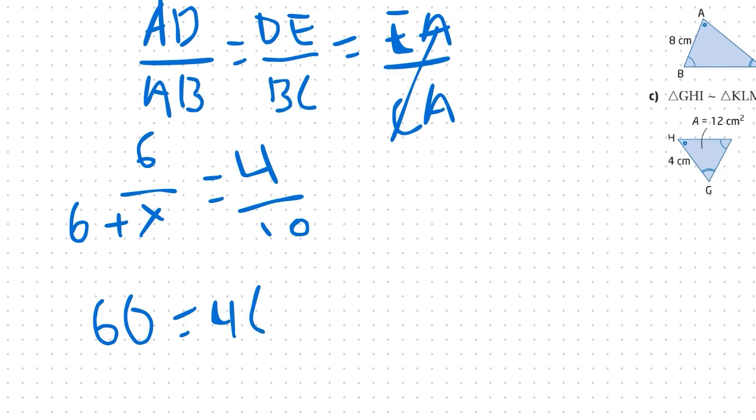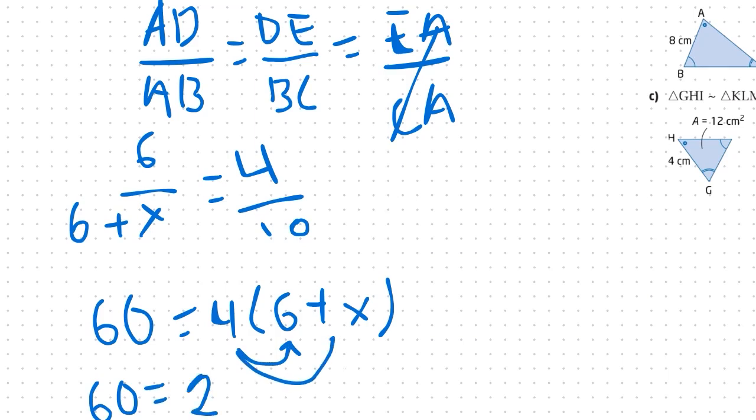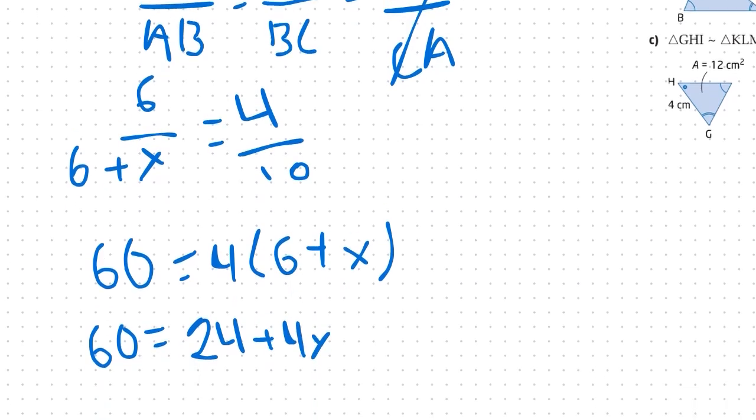4 multiplied by 6 plus x, correct? Okay, so now distributive property like this. 4 multiplies with 6, so that would be 24 plus 4x.